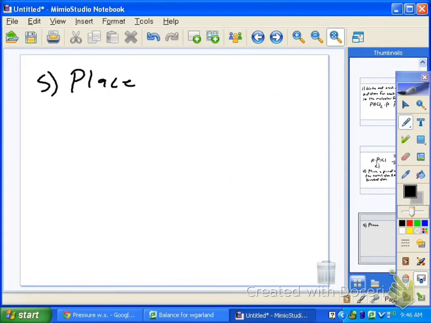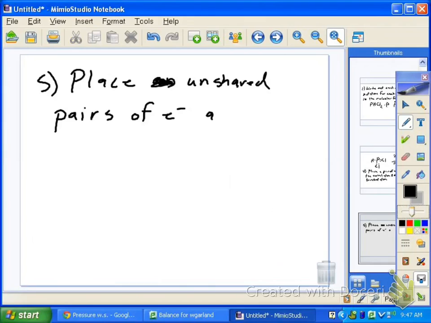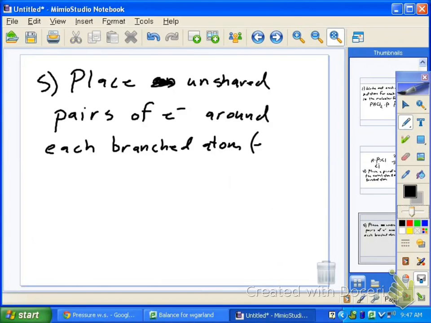We're going to place unshared pairs of electrons around each branched atom, and I'm going to put in parentheses: exclude which element?